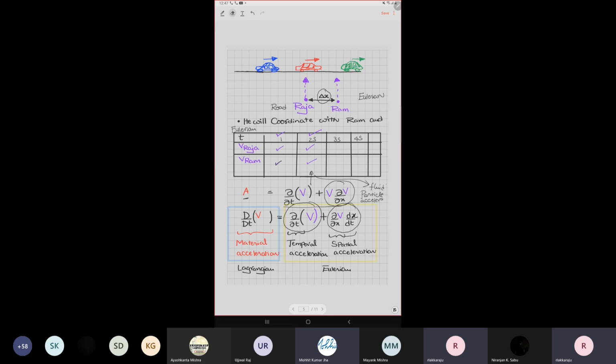Yes, sir. Okay, wonderful. If that is done, now it becomes so easy for us. In most of our fluid mechanics course, we handle only Eulerian fields. From that information, we calculate the required Lagrangian accelerations and apply Newton's equations of motion. And in this Lagrangian frame of reference, instead of showing it like small d by dt, in fluid mechanics, traditionally, we usually show it by capital D by dt.